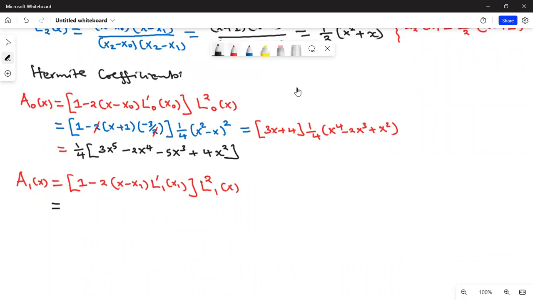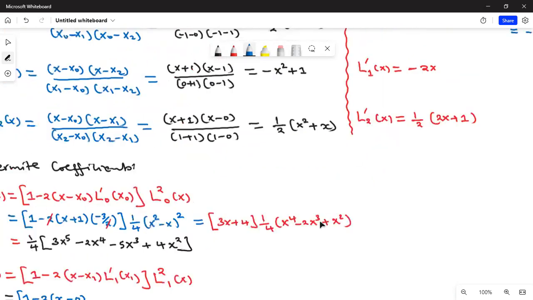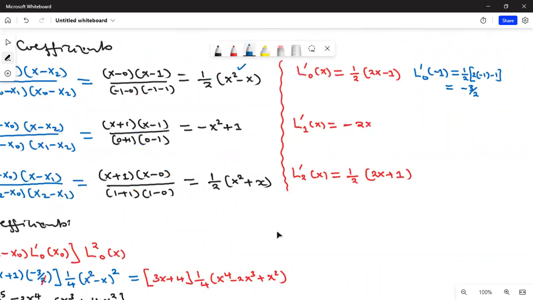This should give us 1 minus 2 into x. Our x1 is 0. Then now we need L1 prime of x1. Remember, our x1 is 0, so I'll go back here and write L1 prime of x1, that is 0. When I substitute 0, I'll get -2 times 0, which will give us 0. So the result there is 0.